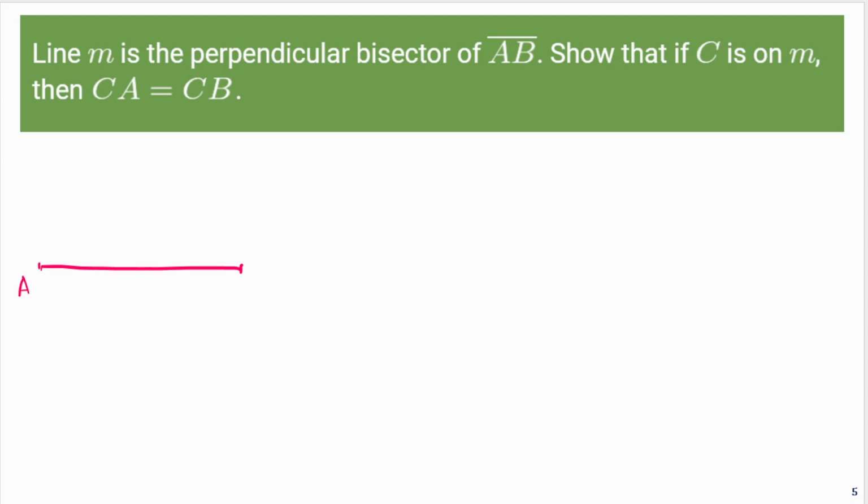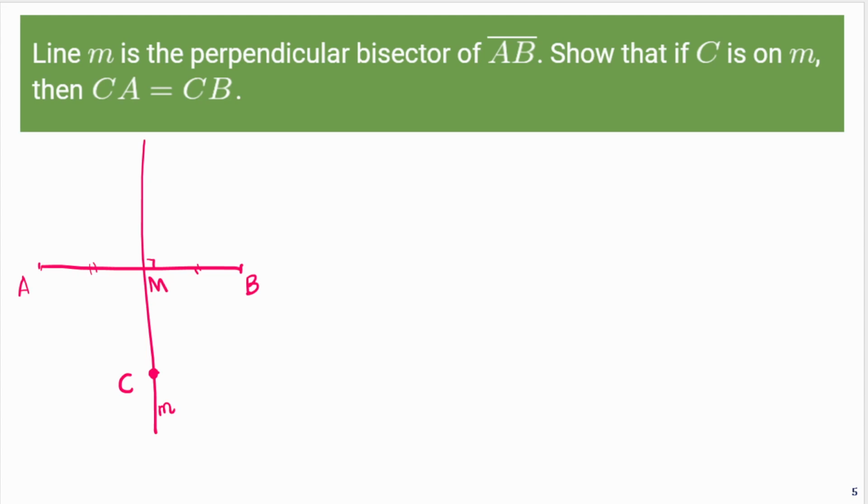So we have a segment AB. Line M is a perpendicular bisector of AB, which means line M is perpendicular to AB at some point M. We also have AM equals MB. Can you show that CA equals CB for point C on M? For example, if C is here, any point on line M, can you show CA equals CB?